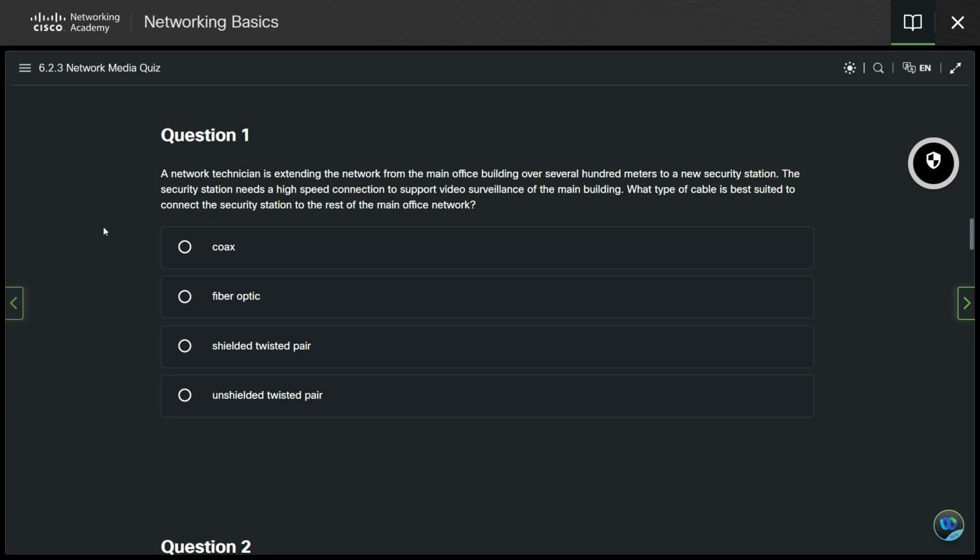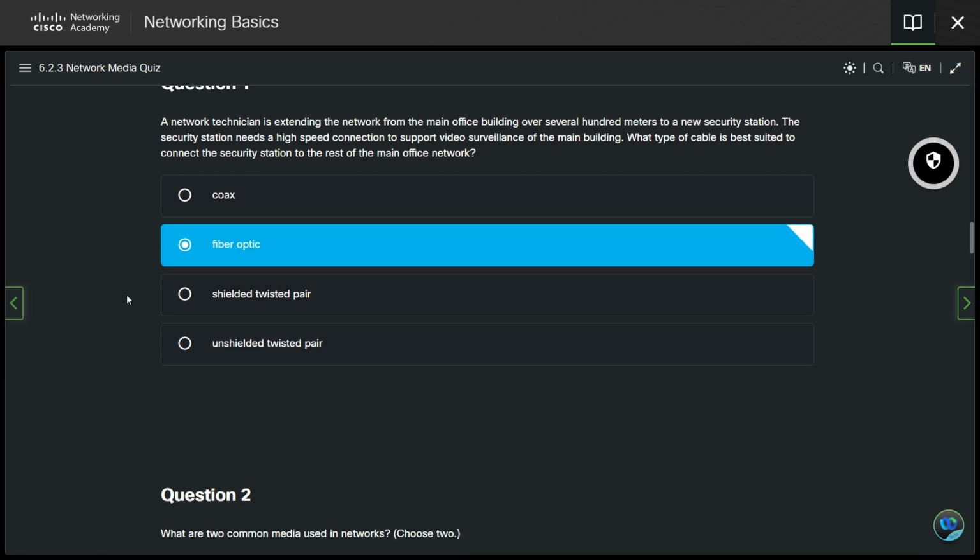What type of cable is best suited to connect the security station to the rest of the main office network? The distance is very important. In this case, it is from the main office building over several hundred meters to a new security station. The best option is fiber optic.